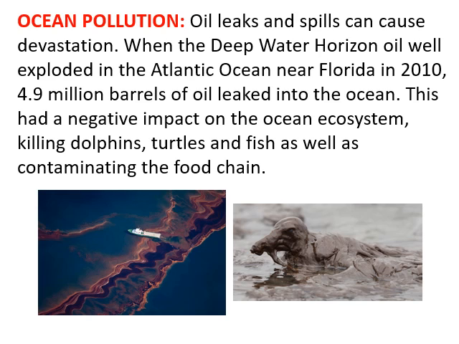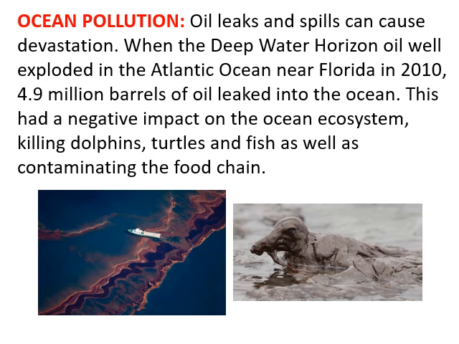This was the Deepwater Horizon oil well that exploded near Florida in 2010, the BP oil well, and 4.9 million barrels of oil leaked into the ocean. We had these horrible images of sea creatures. If you look at that bottom right picture, that is a seabird absolutely caked in oil.